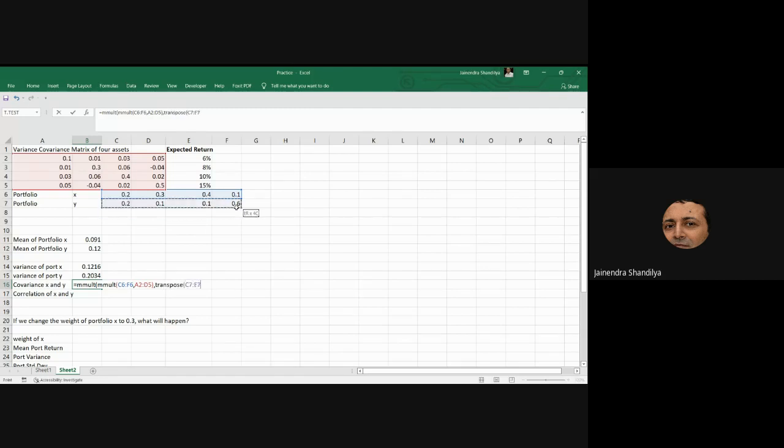So in the earlier case, we were taking X and X or Y and Y. Here we have just done X at one place and Y at the other place, and we have got the covariance of X and Y. So you also do it, of course I can share this later on, but it's better that you do it.